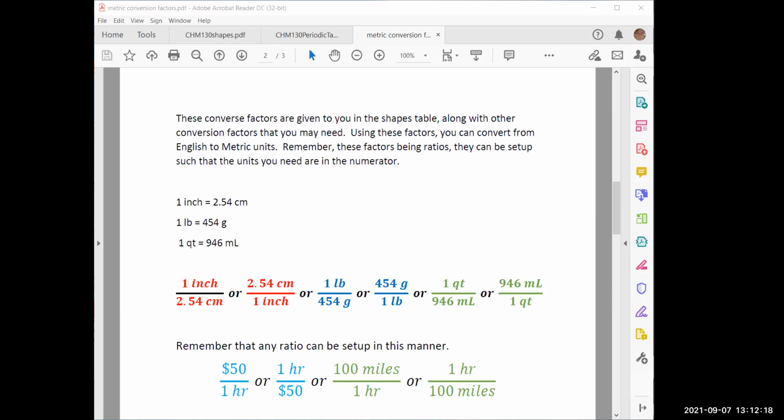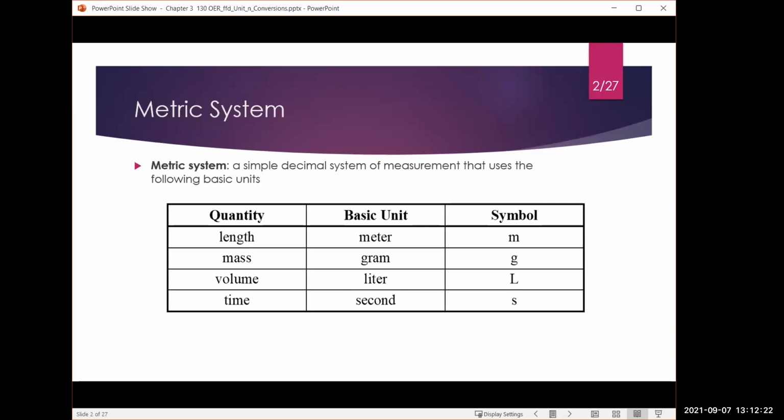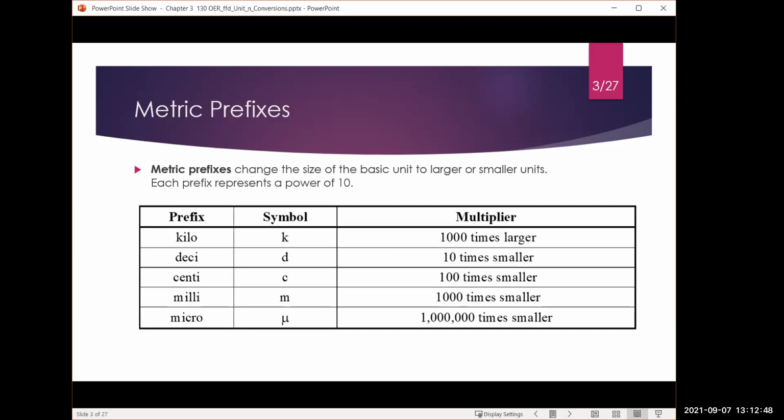Let's go back. So metric units and conversions. We talked about this at length with respect to the units and the symbols. We got m, little, all lowercase, except L for liters, the volume, so uppercase, capitalized, I should say. And then second is uniform, whether it is English or metric, but that's s. So little m, little g, capital L for liter, little s for second.